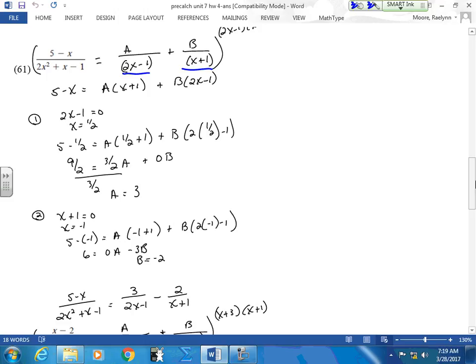Okay, so let's see what happens. I'll look at the one. This is 61. Did I miss one? Did I pass one? No. Okay, so see if you can trace your steps back. Check each part. Here's where I set my x equal to 0, and the other x equal to 0 is here. Plug it in.